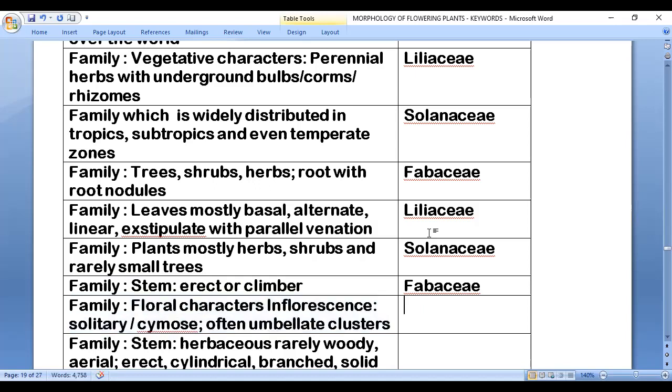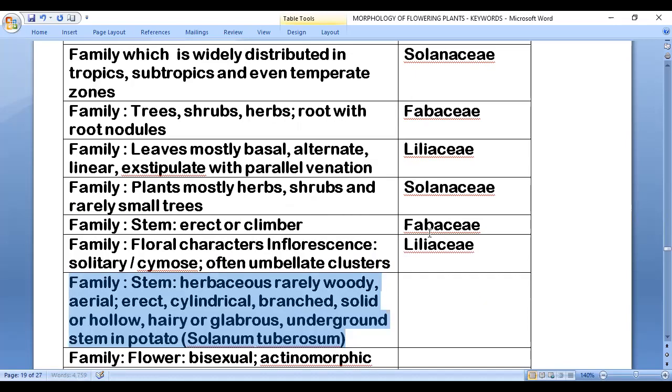Floral characters. Inflorescence solitary or cymose, flowers often in umbellate clusters, Liliaceae. Herbaceous, rarely woody, aerial, erect, cylindrical, branched, solid or hollow, hairy or glabrous, underground stem in potato, Solanum tuberosum, Solanaceae.